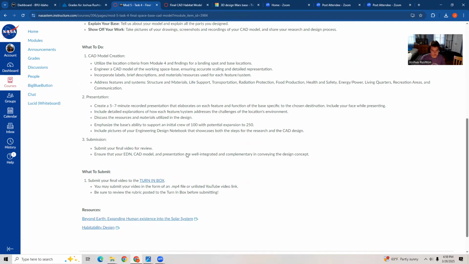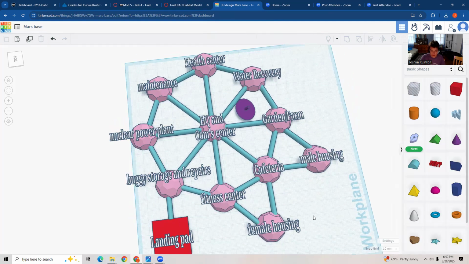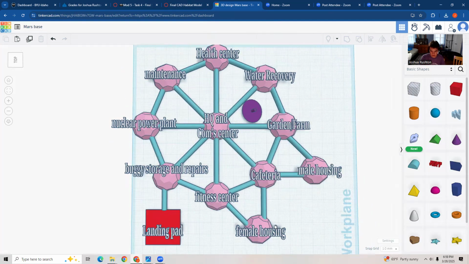The challenges for Mars in and of itself are mainly just keeping the dust outside. I will note that each of these has an airlock inside it.